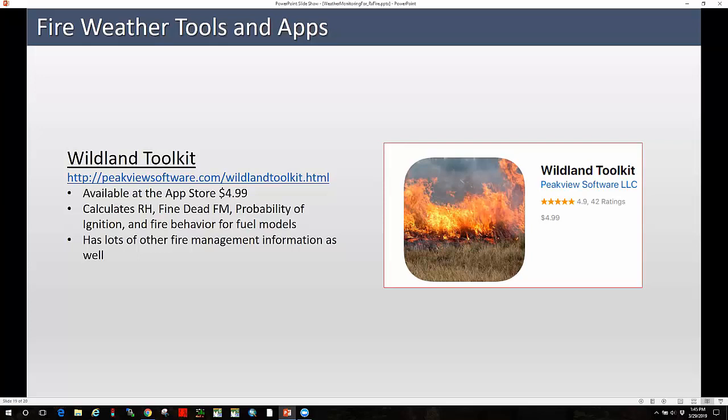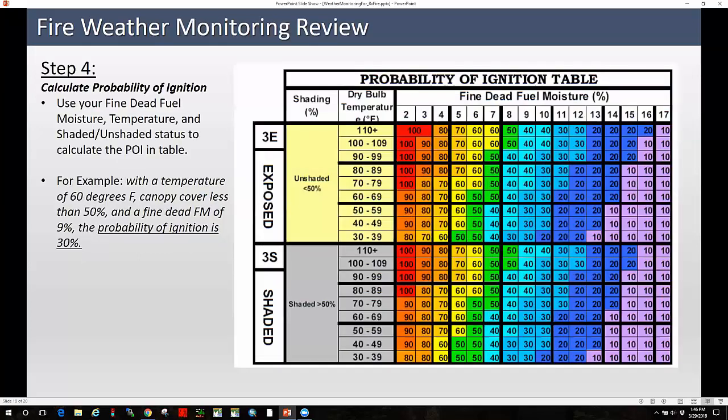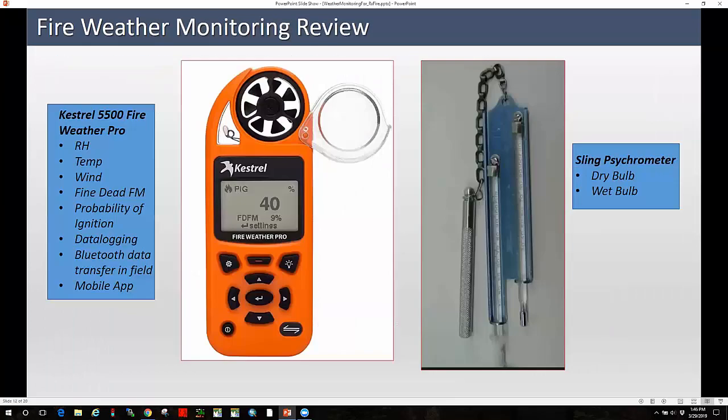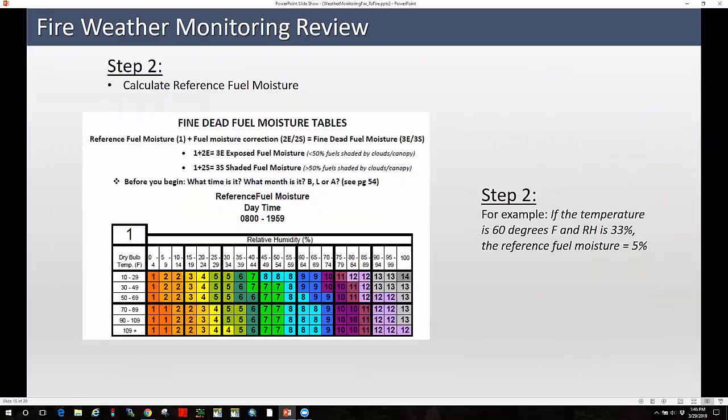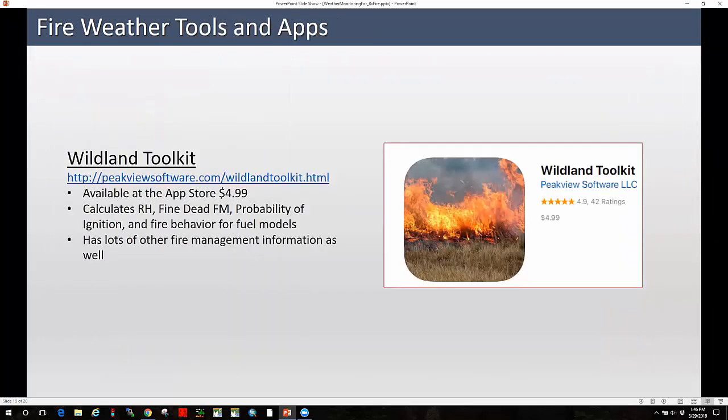It's pretty quick and easy to plug it in there. And again, if you have the Kestrel, it does all of that for you once you create the settings on there. So the date's got to be right, the time, and the shading, and things like that. But the old school method is to go through the tables, and it's good to do that just to ensure you understand the process.